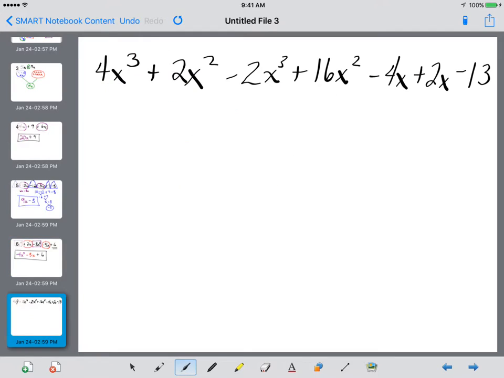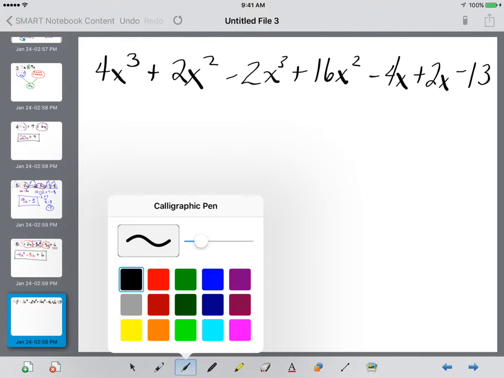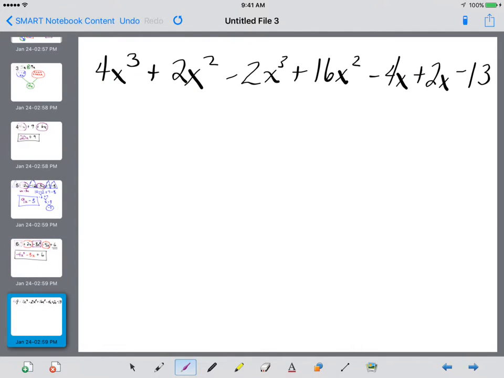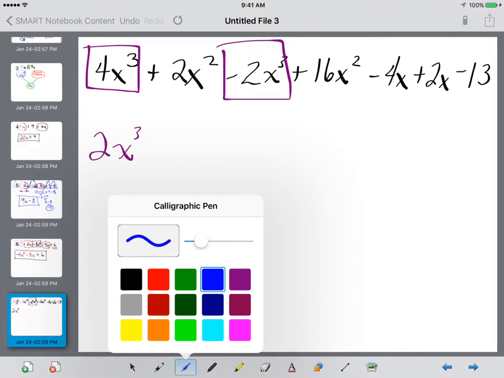Okay, last problem here. Again, we've got some big powers. So here's x to the third powers. 4 minus 2 is 2. X to the third power comes along for the ride.